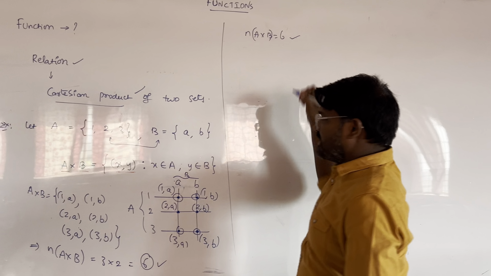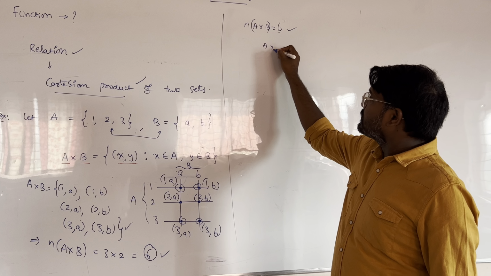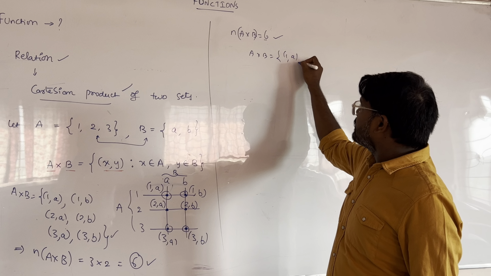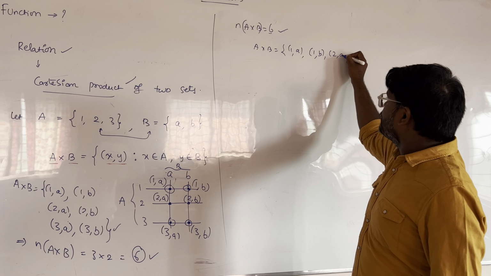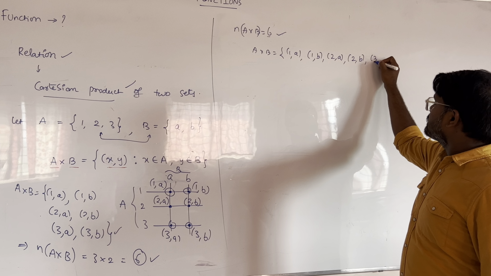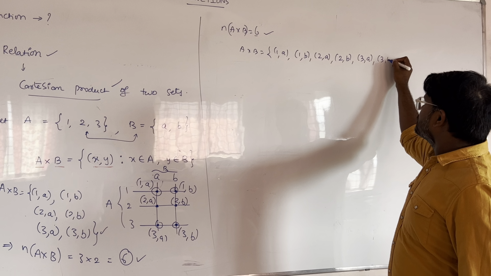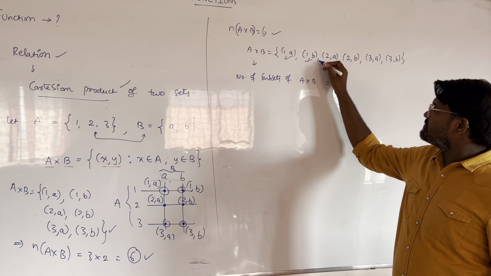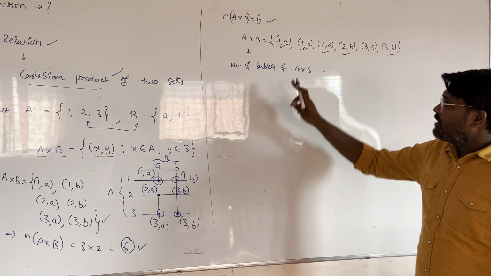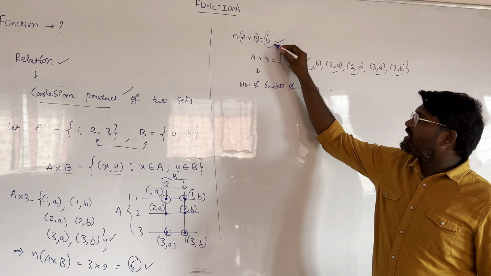Now if I consider A cross B as a set, which is 1a, 1b, 2a, 2b, 3a and 3b, and I want to determine the number of subsets of A cross B, we know that if a set has n elements, it has 2 power n subsets. In this example, there are 6 ordered pairs in A cross B, so the number of subsets of A cross B will be 2 power 6, which is 64.